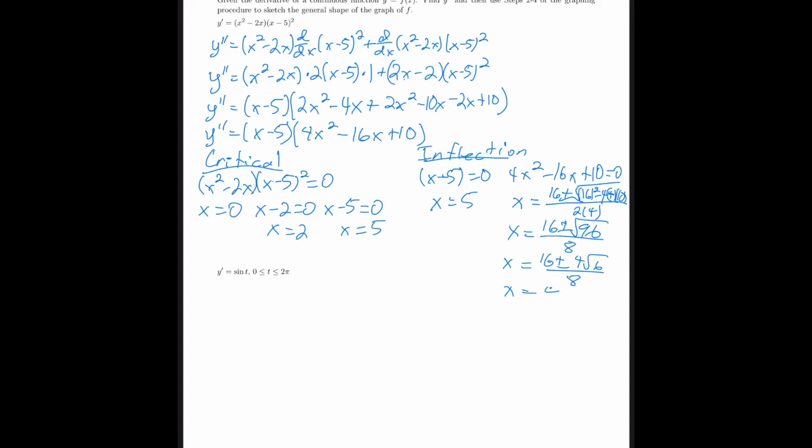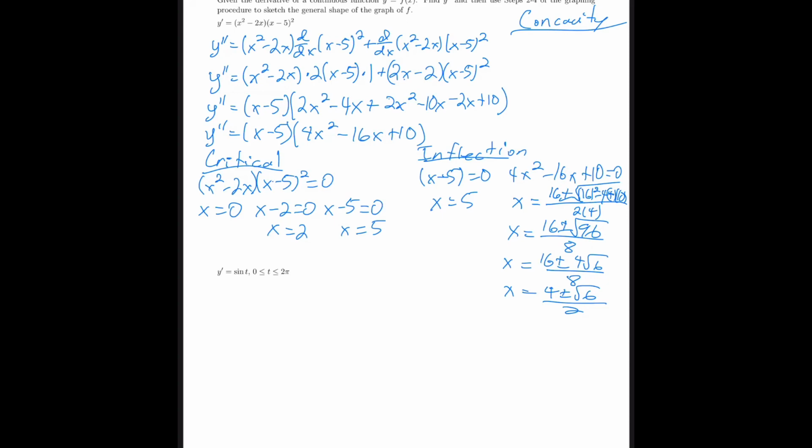So that's going to be 16 plus or minus 4 root 6 over 8, or x equals 4 plus or minus root 6 over 2. Okay, so there's all our inflection points and stuff like that.